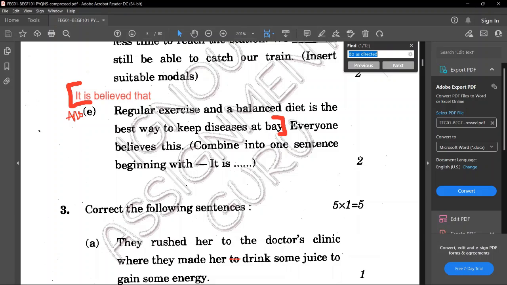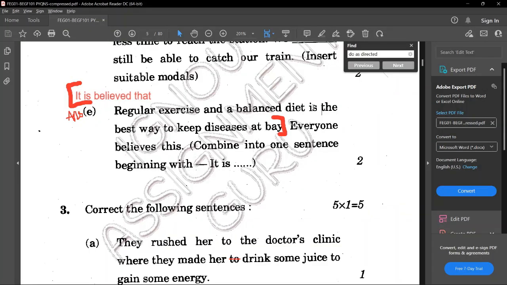Since this sentence begins with "it is", a conjunction need not be used in this case, but in every other case a conjunction needs to be used.